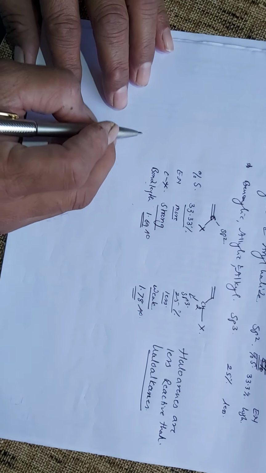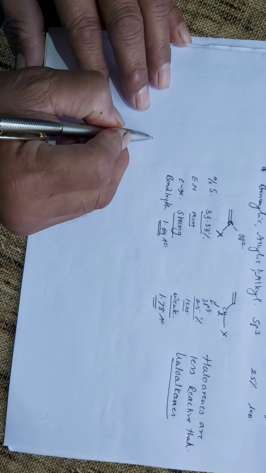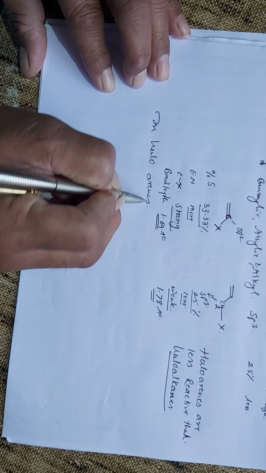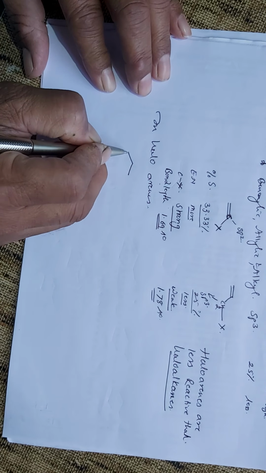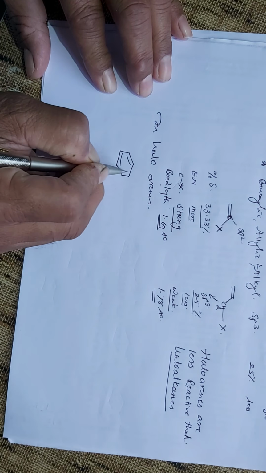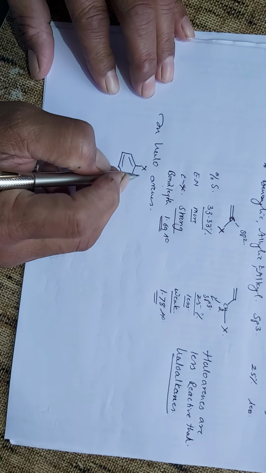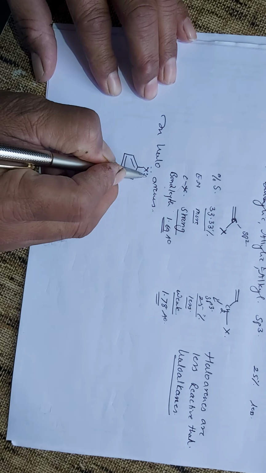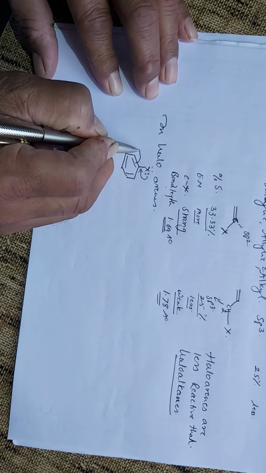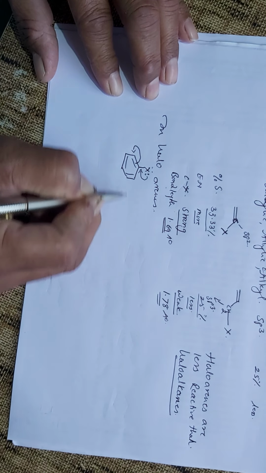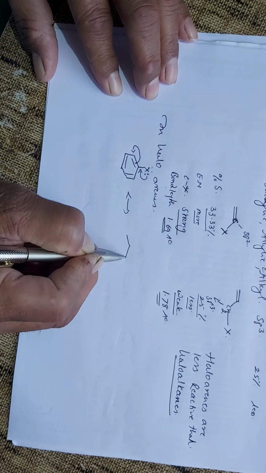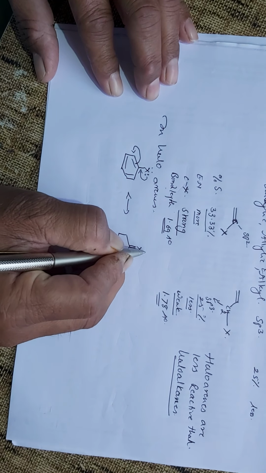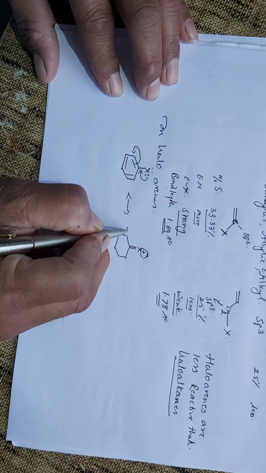And in haloarenes, the halogen atom is directly attached to the aromatic ring, and so this electron pair is involved in the delocalization, and so the carbon halogen bond acquires a double bond character.